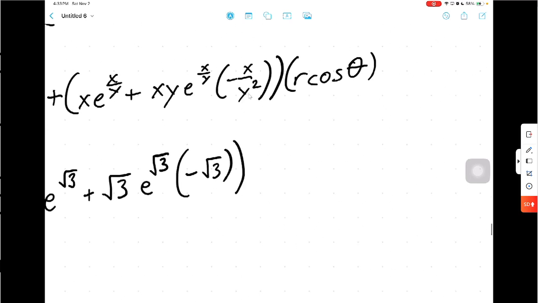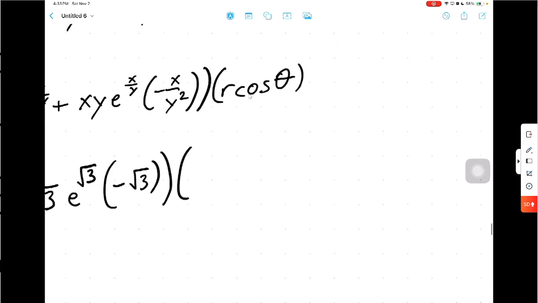Yeah, that should be able to. Times sine of pi over 6, which is 1/2.